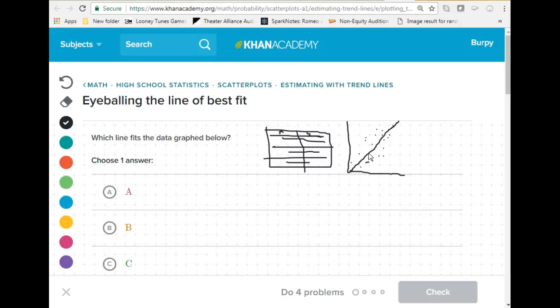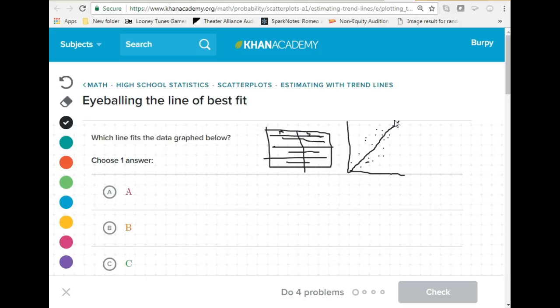Now, as you could probably have guessed, the line of best fit is basically the line that best fits all the data, so that you can get a predicted score or a predicted number of something.